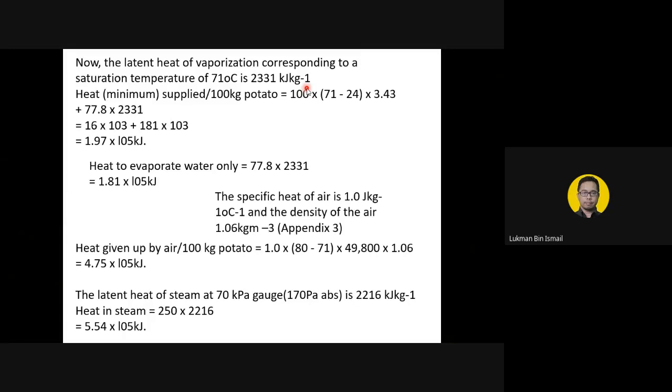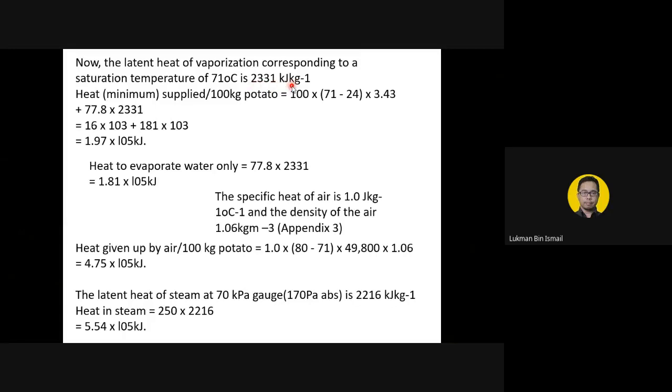For chemical engineering students, they have to find this value from a table in their examination, in a very thick book we call a handbook. But for you, the lecturer must provide this value in the question.